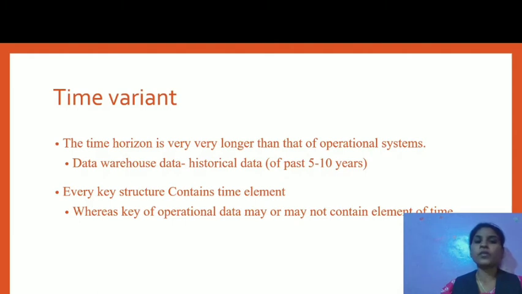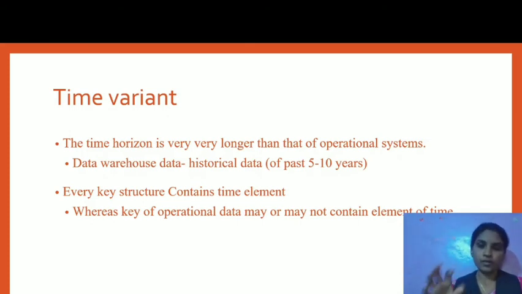And every key structure contains the time element in the data warehouse. Whereas when we compare with the operational data, it may or may not contain the time element. So time variant, you have to remember the word historic.